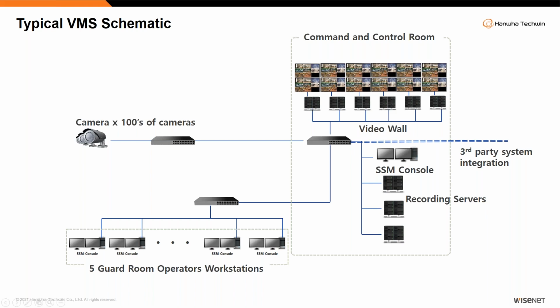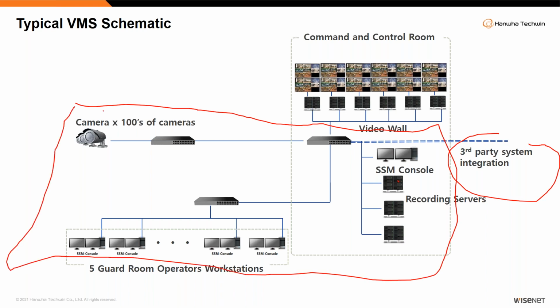Okay, now this is your typical CCTV system. On top of a typical CCTV system, you can expand with third party integration. Once you have your CCTV system set up, you can integrate it with third party systems.